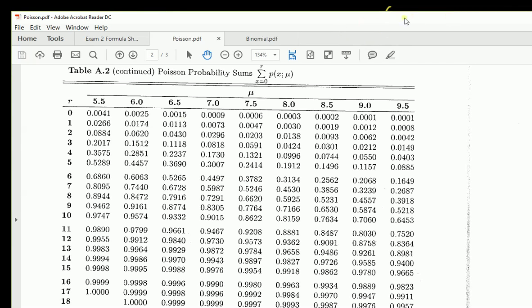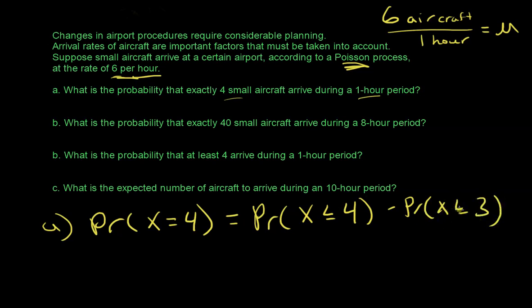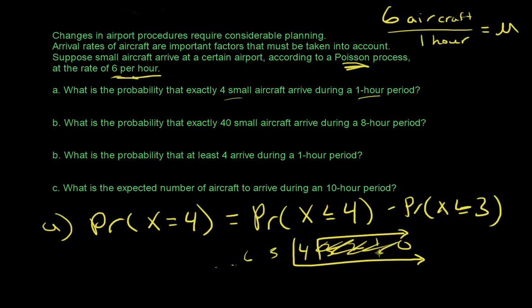So actually, let me go ahead and move this over. So could I use the table? If I really wanted to, I could. This is equal to the probability that x is less than or equal to 4 minus the probability that x is less than or equal to 3. Right? If I have less than or equal to 4 and I subtract less than or equal to 3, then I'm left with 4, right? So that's what I want.